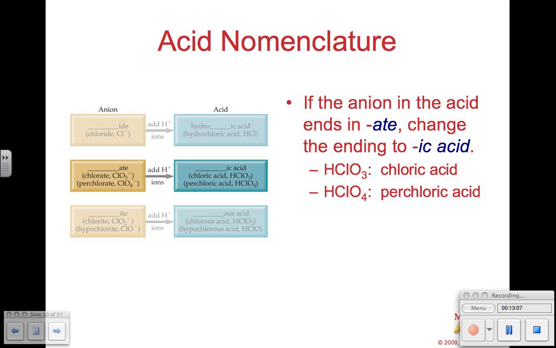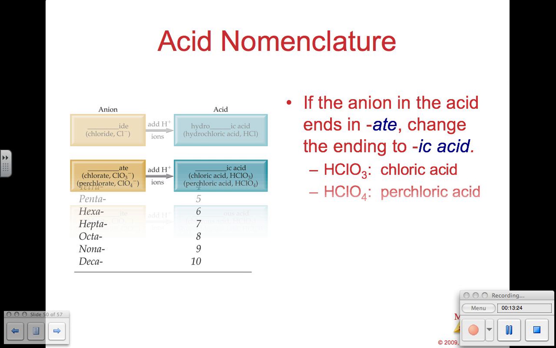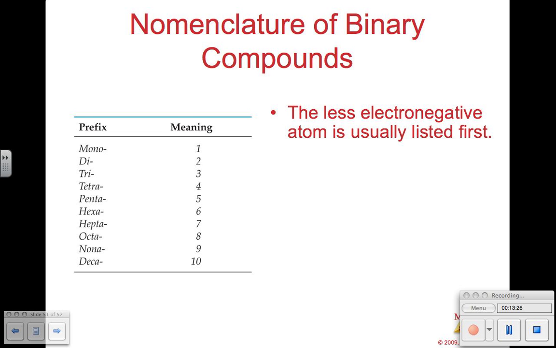And if it ends in -ate, it becomes -ic acid. So chloric acid, perchloric acid. If you think of sulfate, what would sulfate's ending be? It would be sulfuric acid, because it ends in -ate. Anyway, I hope you get the idea, or the pattern.